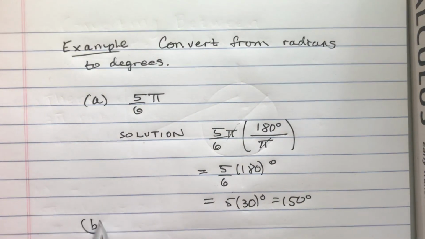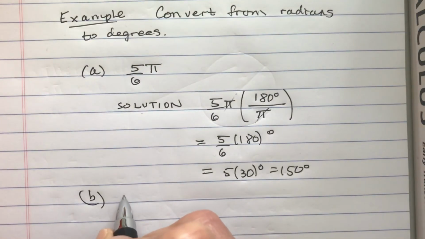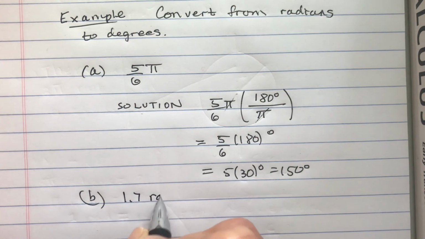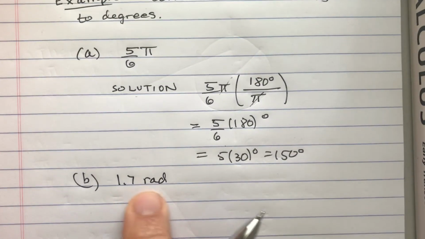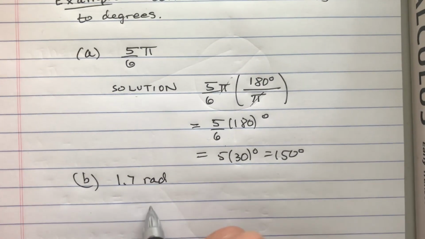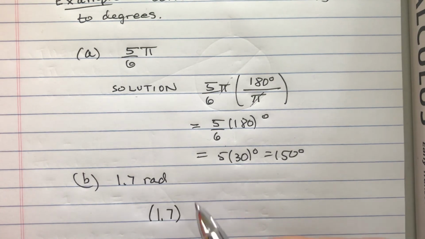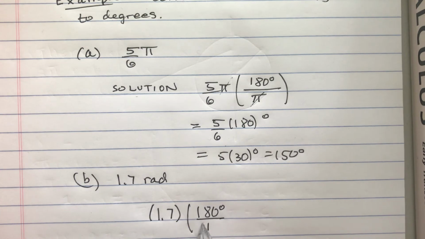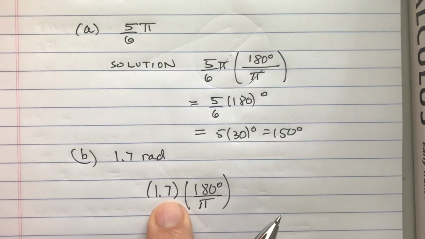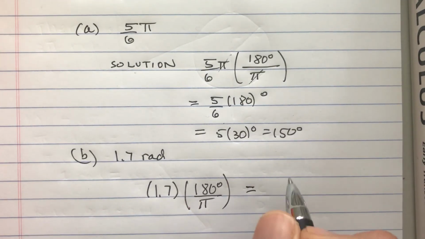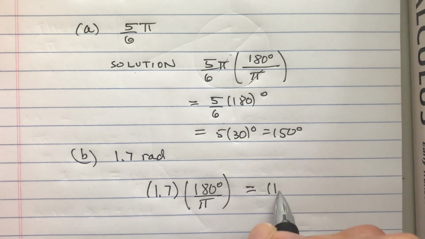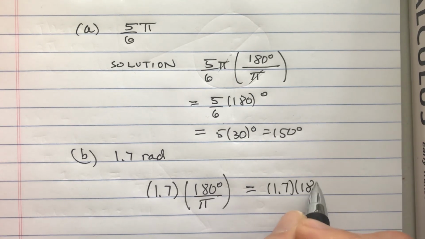And then let me just point out that you could have something like 1.7 radians. I sort of broke down and wrote down radians, but in general, you won't see that. It's just understood to be radians if you don't see any units. And in this case, that's what you get.